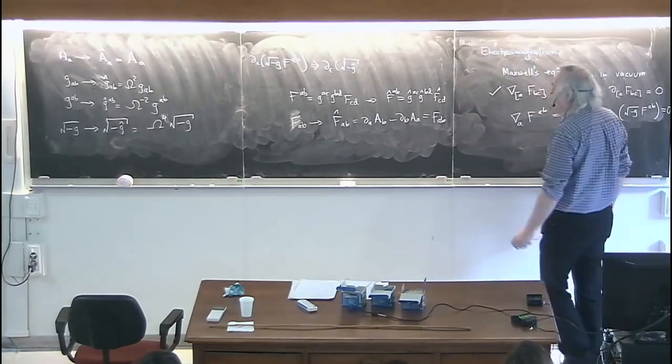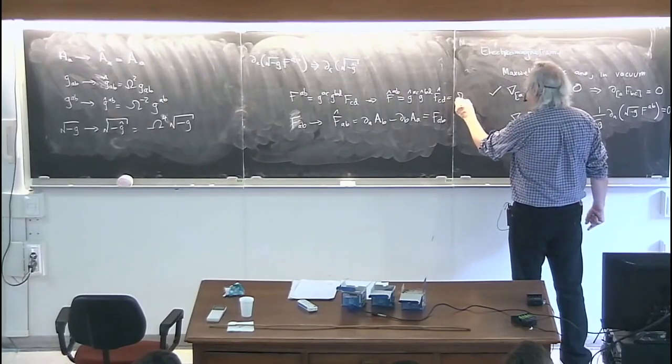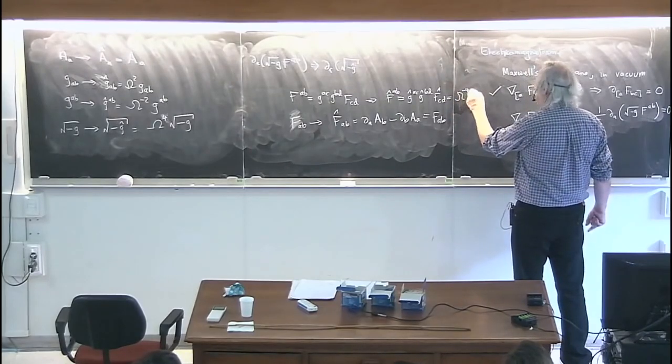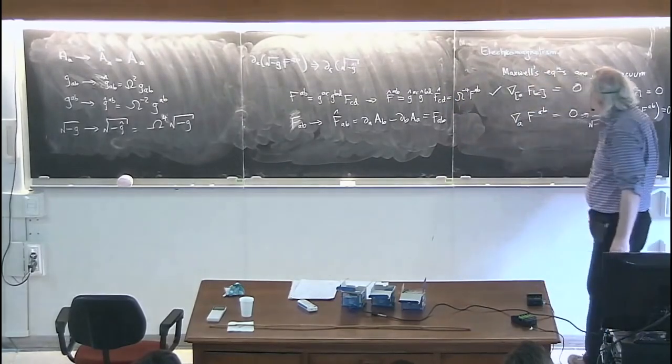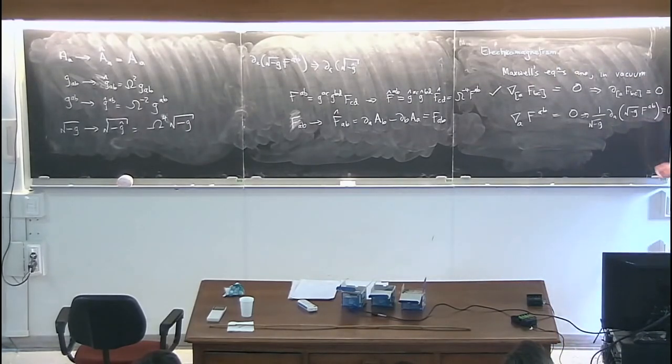And so you can see that this thing is going to be omega to the minus 4 FAB. So when we look here, what will happen is that this thing picks up a factor of omega to the plus 4. This thing picks up a factor of omega to the minus 4. And so the two things cancel out.